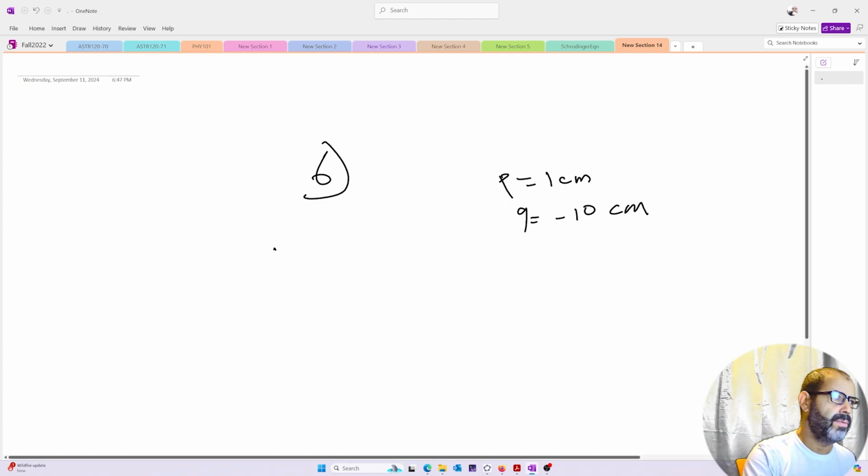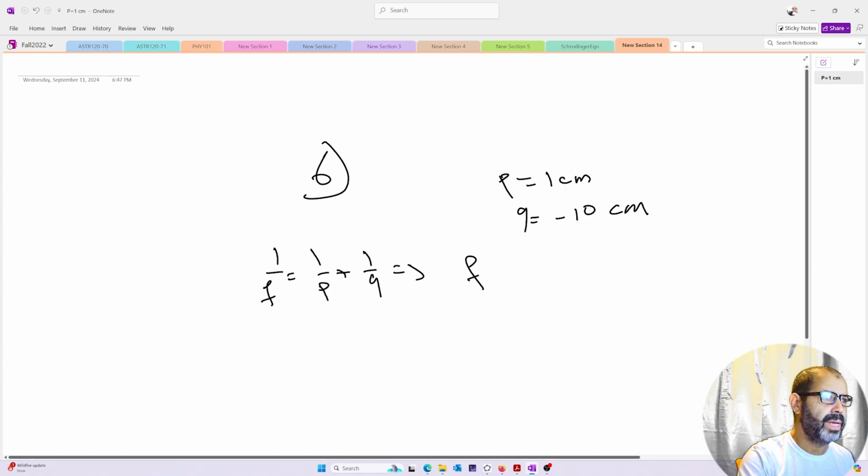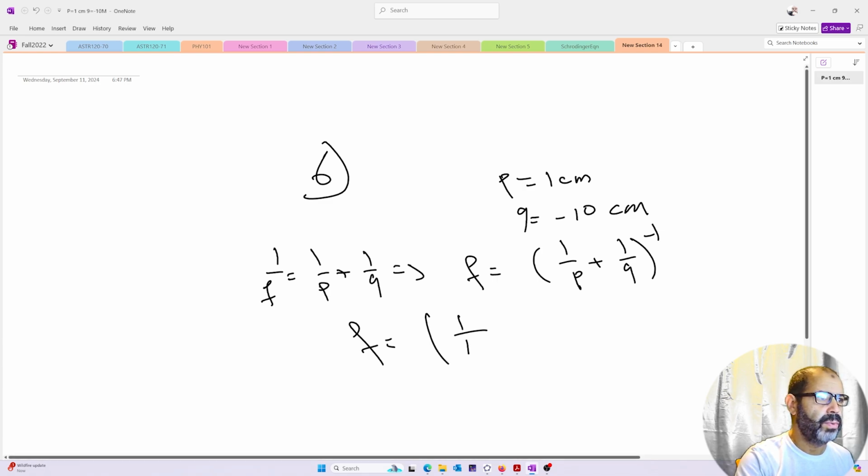So again, we're going to find the focal length using this connection between the two. We have both P and Q, therefore we can find what F is. The focal length is just the inverse of this expression. So the focal length is going to turn out to be equal to 1 over 1 minus 1 over 10, because Q is negative, inverted.